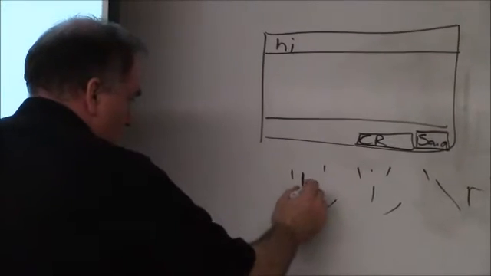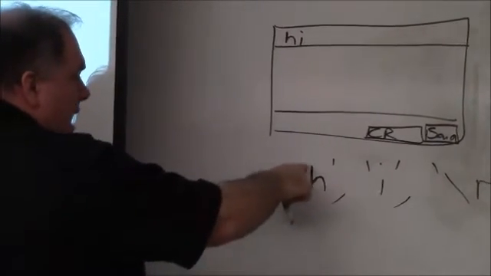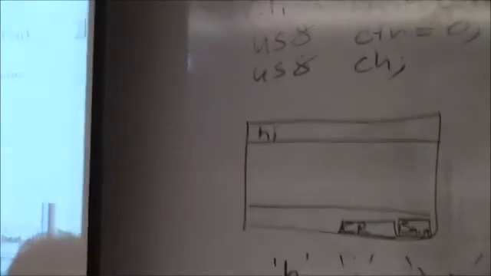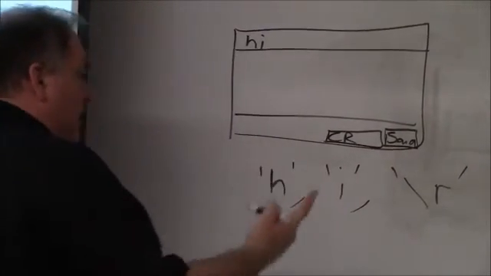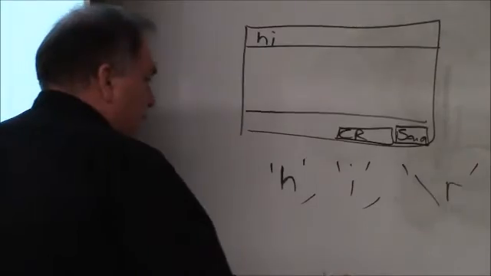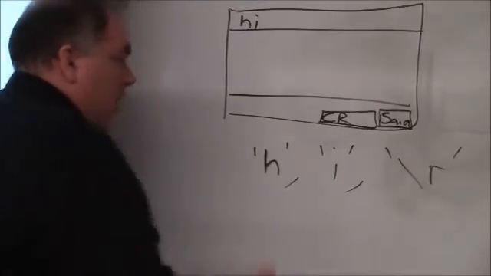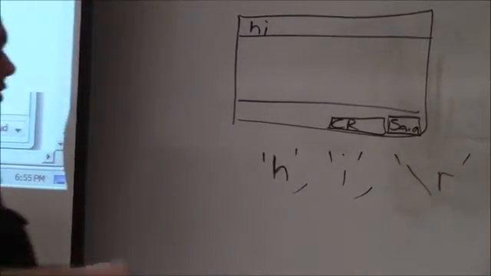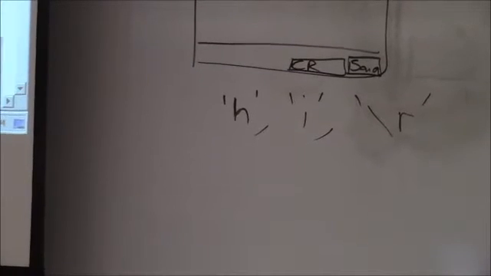So when you have single quotes, that basically means an ASCII value, a value that can be looked up from an ASCII table. And so the letter H is a single value in the ASCII table, the letter I is a single value, and the \r, although we have to type 2 characters, it actually comes up as just a single value in the ASCII table that is 13. Let me go back to the ASCII table here.